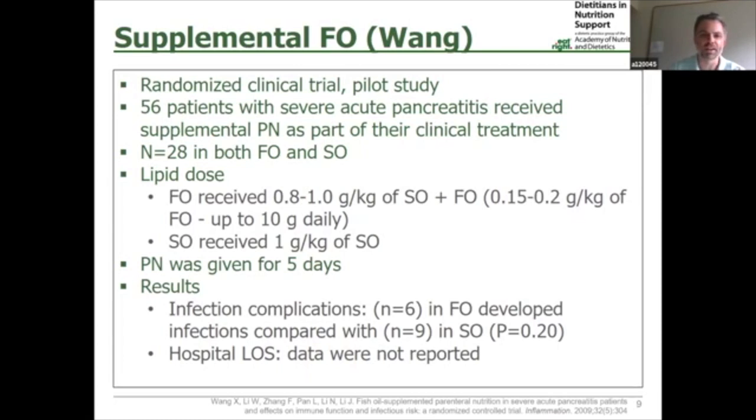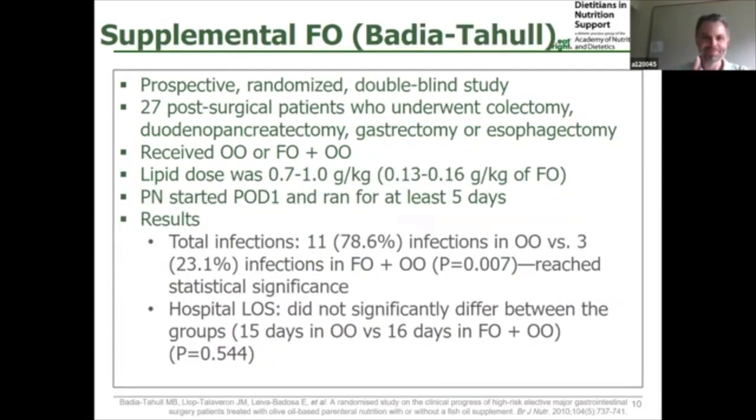They did not report hospital length of stay, but rather focused on the number of infectious complications. Those who received soybean had 3 more than those that received the fish oil, and it did not meet the burden of statistical significance. But again, it did show a trend towards reduction. And again, it could be because of just how the body responds at the gene level.